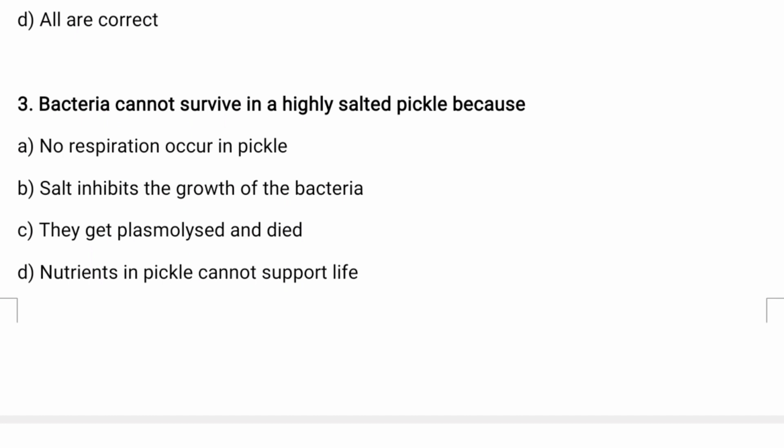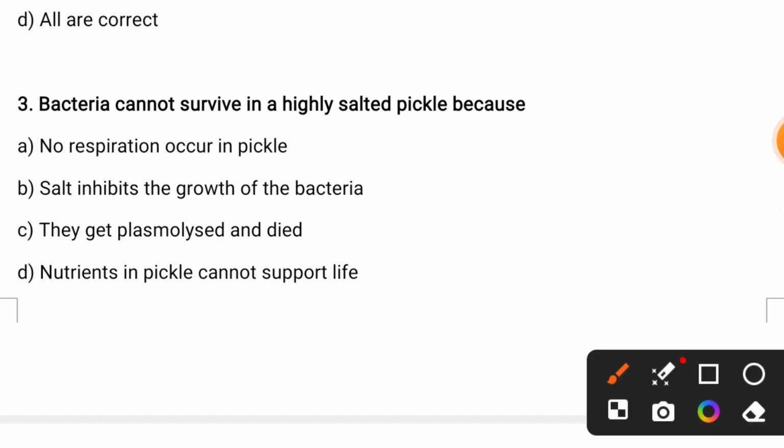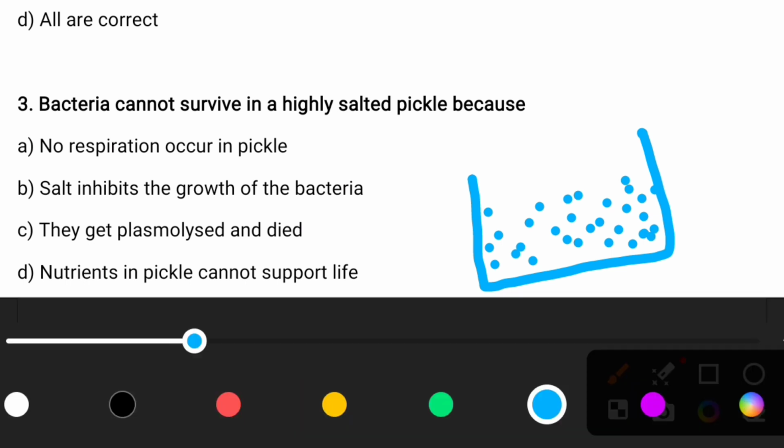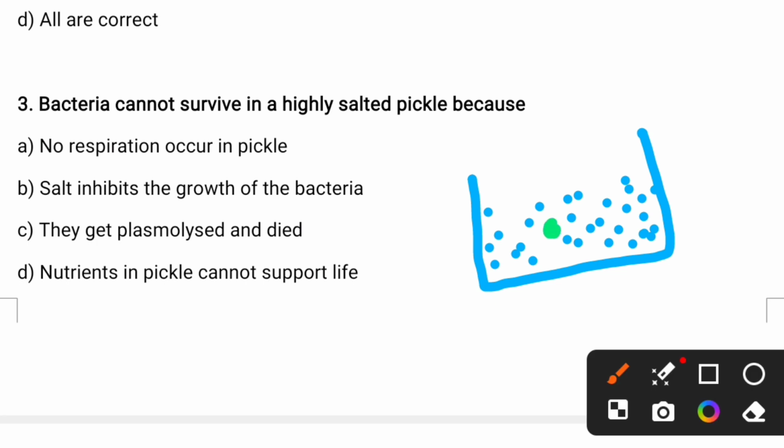Bacteria cannot survive in highly salted pickle because: no respiration occurs in the pickle; salt inhibits the growth of bacteria; they get plasmolyzed and die; nutrients in the pickle cannot support life. So just imagine you have a bowl of pickle. Wherever you observe, bacterial spores are definitely present.